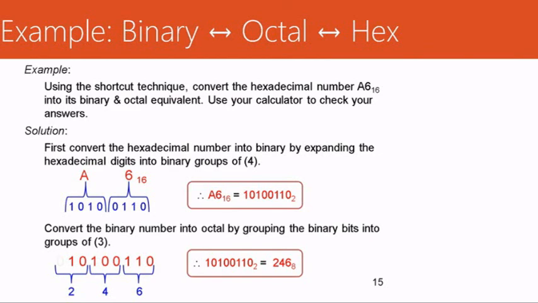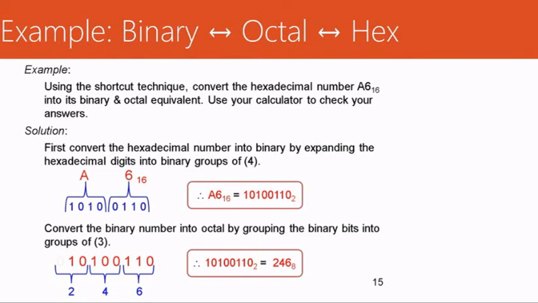First, convert the hexadecimal into binary by expanding the hexadecimal digit into binary groups of 4. So we know that A is equal to 10. And if we are going to convert 10 into its equivalent binary, that is 1, 0, 1, 0.